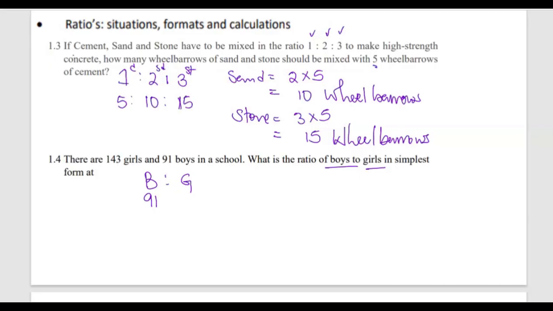So we shall have 91 is to 143. 91 is to 143. 91 divided by 3, let's see. It can't be. 91 divided by 1. Yeah, this is the format that we have.